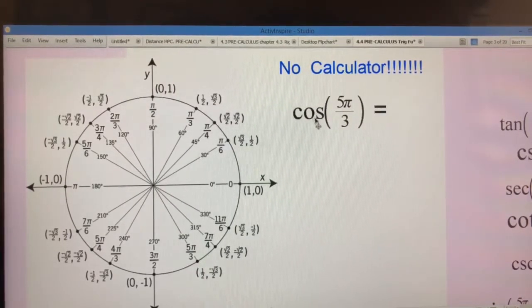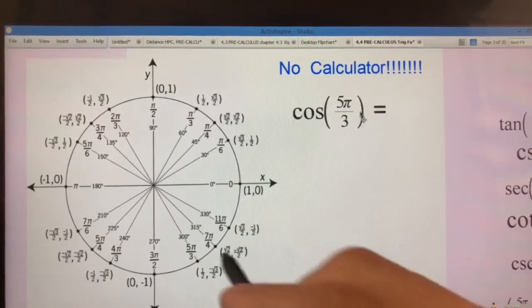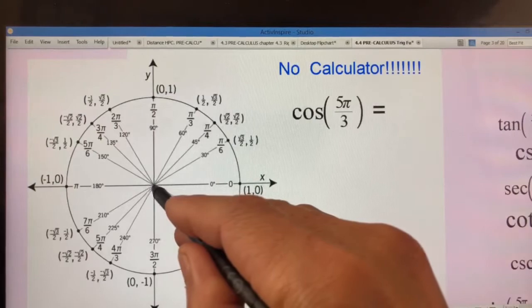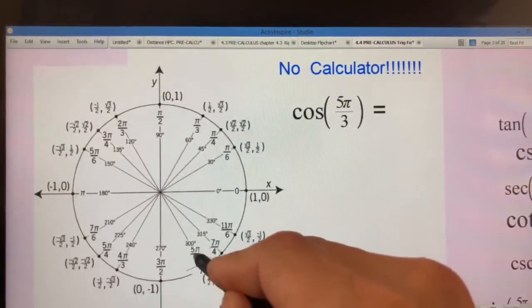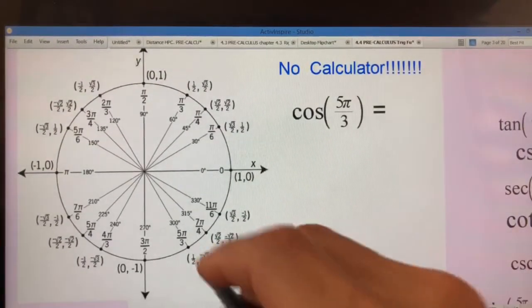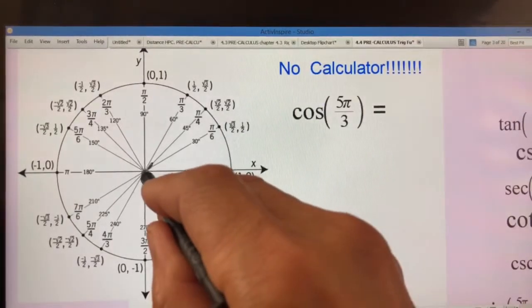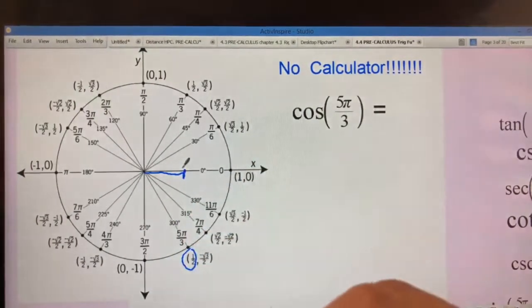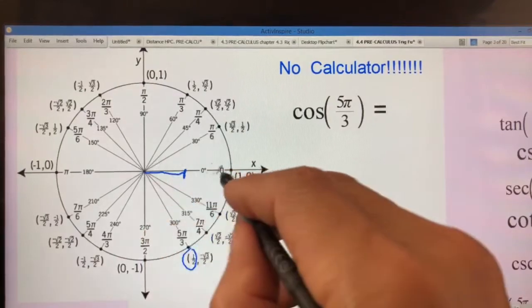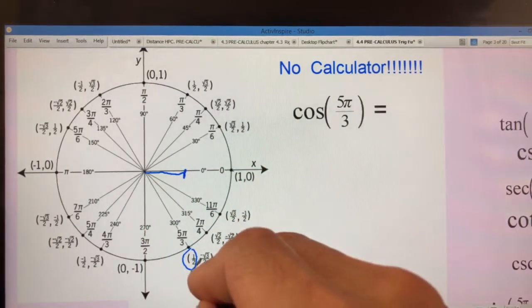So what does that mean? They ask you to find the x coordinate point at 5 pi over 3. That's basically what that is. So the x coordinate point, if you look at this right here, is supposed to be 1/2, right? So that 1/2 here came from the x value that goes this way. It's about halfway to the 1. So that's basically what that is.